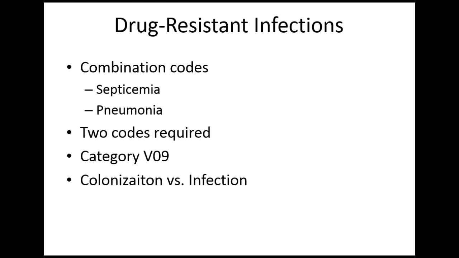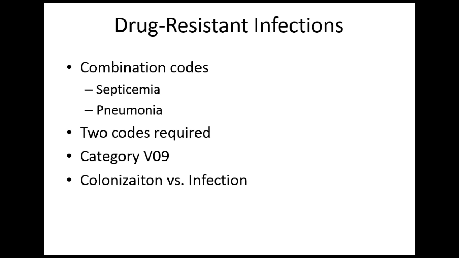In that situation, you would not assign an additional code of 041.12 because the code for the pneumonia includes the type of infection. But when there is not a combination code available, such as wound infection due to MRSA, you will need to code an additional code for a specific condition, along with the code 041.12 for the MRSA infection.